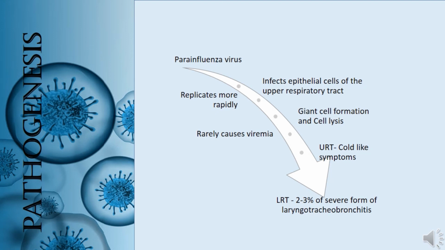The virus usually stays in the upper respiratory tract, causing only cold-like symptoms. In approximately 25% of the cases, the virus spreads to the lower respiratory tract, and in 2 to 3% of cases the disease may take the severe form of laryngotracheobronchitis.